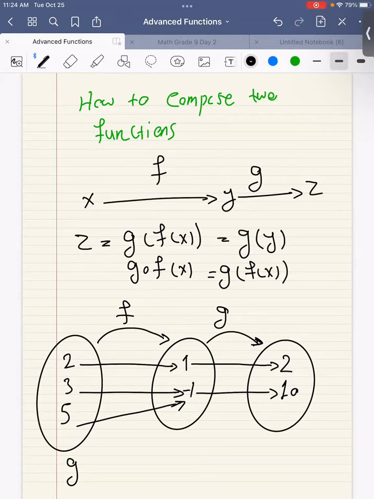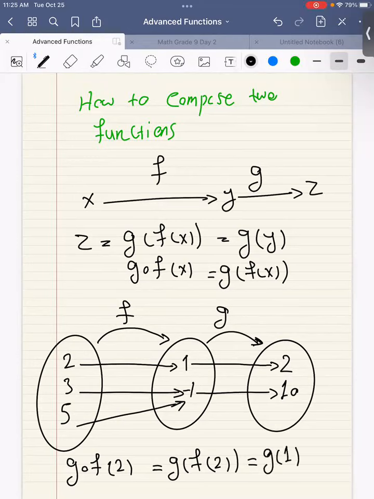So look at the last picture. What is g o f of 2? That means you have to first take f. So f takes 2 to 1. By definition, g o f of 2 is just g of f of 2, which is equal to, now, what is f of 2? f of 2 is 1, so it's g of 1.